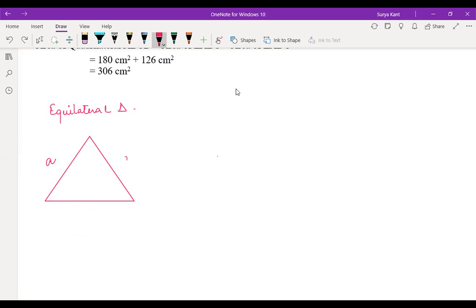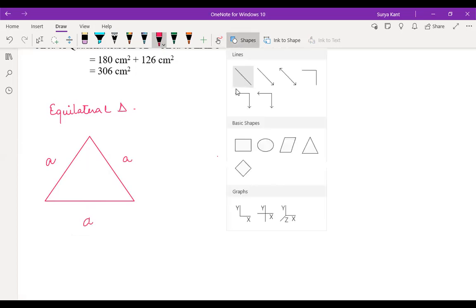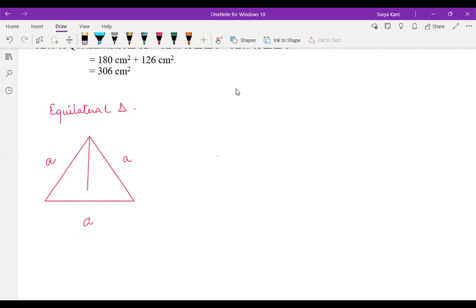This is A, and this is A. Draw one median over here and name it A, B, C, and D. The median meets exactly at the midpoint. If this whole BC side is A, can we write A by 2 and A by 2 for BD and DC too?